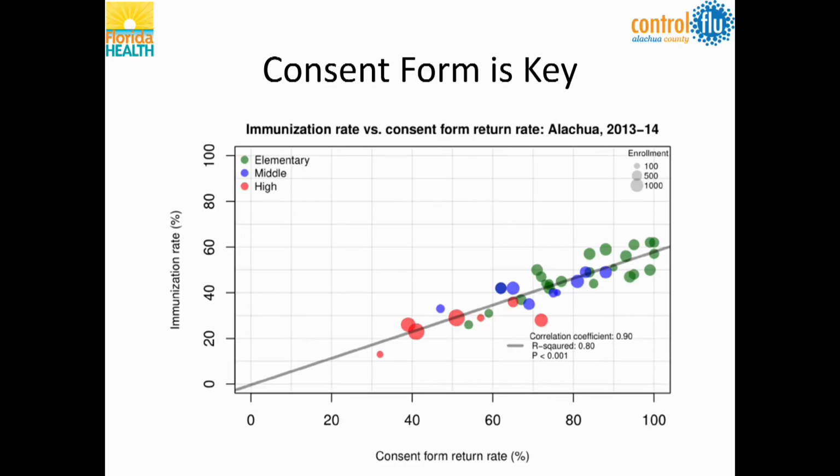And we know that getting the consent forms back is the key to getting good immunization rates. Our consent forms have a spot for the parent to check yes, they want to participate, or no, they don't want to participate. And just getting the consent forms returned will increase the immunization rate in a school. So if you can get 100% consent form return rate, you can get about a 60% immunization rate, which will get us even closer to our 70% goal.